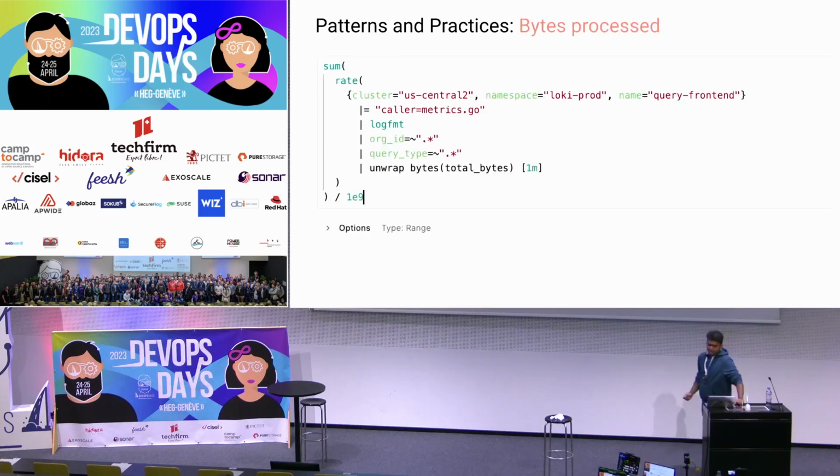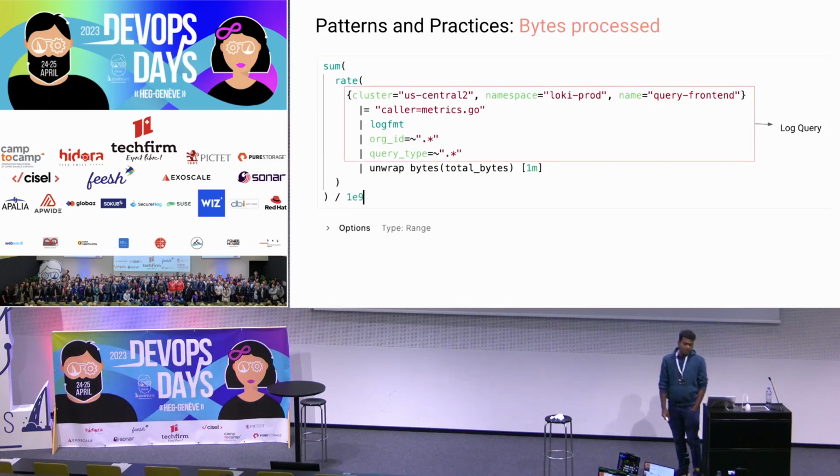So by having this log line, we can do a lot of interesting things, actually. What is happening here is that the one highlighted is a log query. We run our Loki in a Kubernetes cluster.